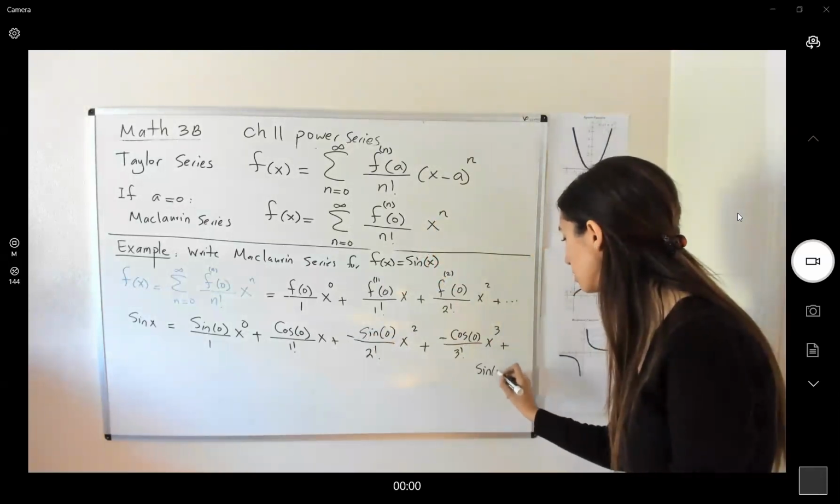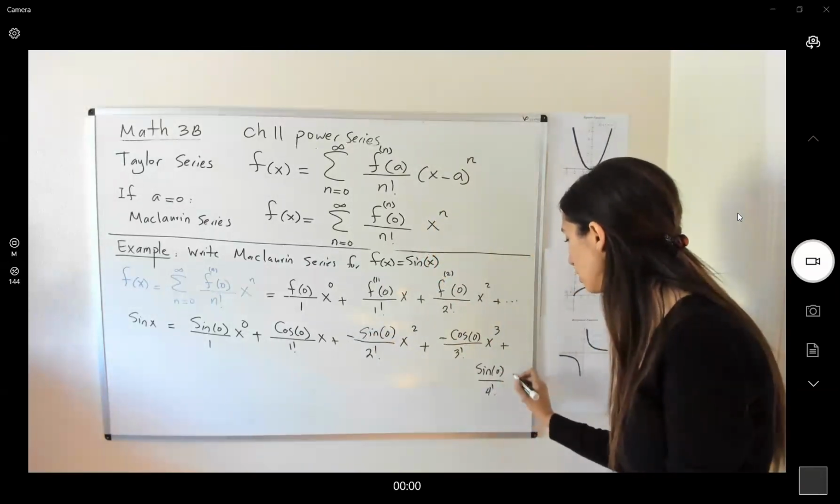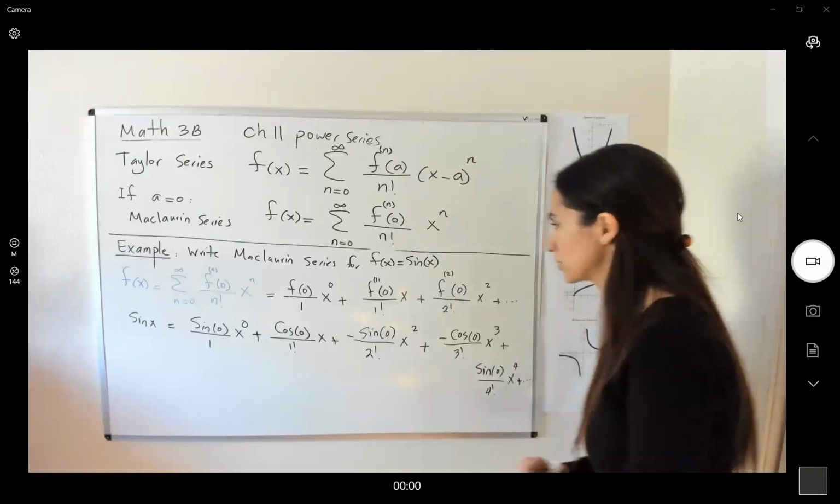So you get sine 0 divided by 4 factorial x to the fourth plus the rest of the terms.